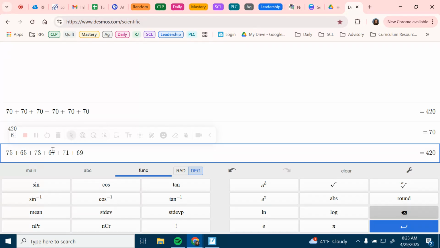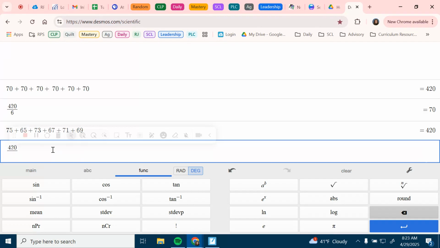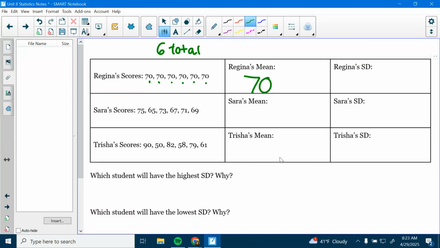So I also get 420. I'm going to take 420 and divide it by the 6 total, so I get 70. So Sarah's mean is also 70.